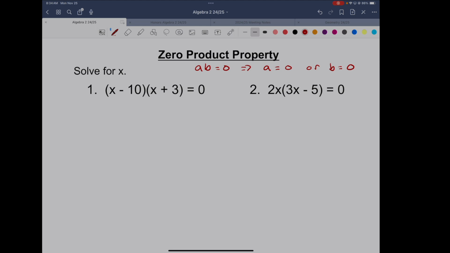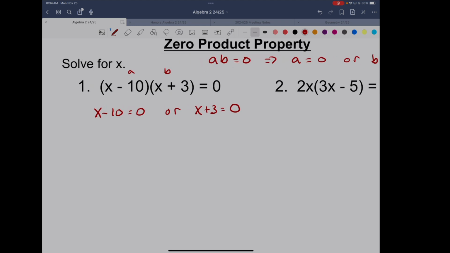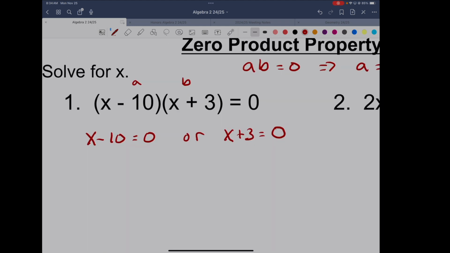So if I let x minus 10 be my A value and x plus 3 be my B value, either x minus 10 has to equal 0 or x plus 3 equals 0. And if either of those things happens, then I have a true statement.